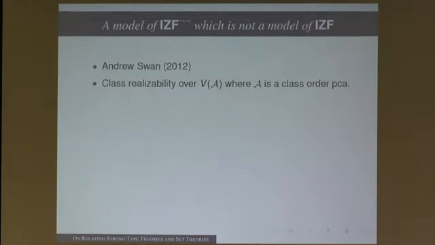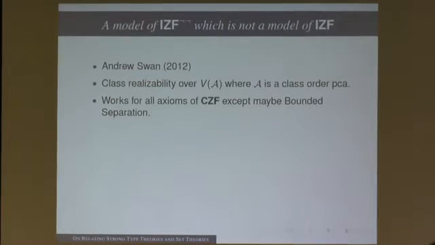These partial combinatory algebras, or Schönfinkel algebras, are sets. But he looked at the scenario when the algebra is actually a proper class. So maybe there's a certain similarity to class forcing. And it turned out that class realizability over V(A), where A is a class, actually works. And then the question is, works for which axioms of CZF?